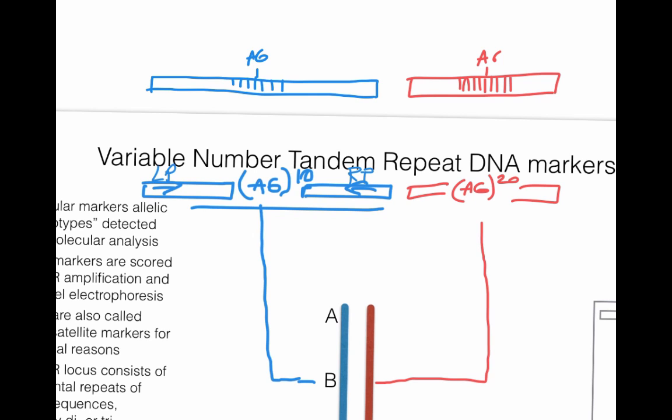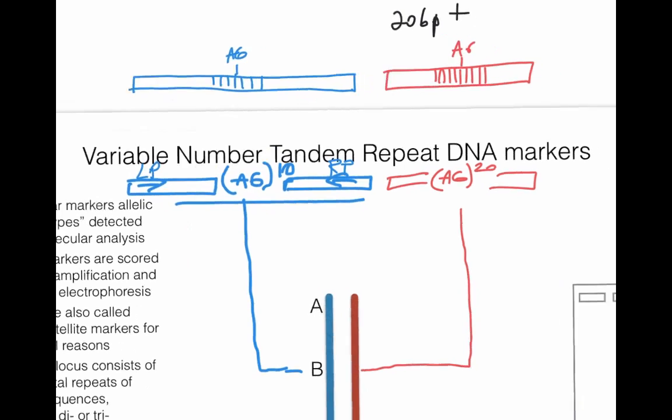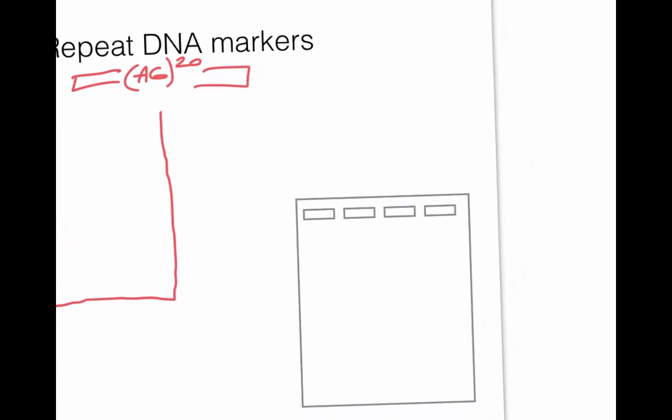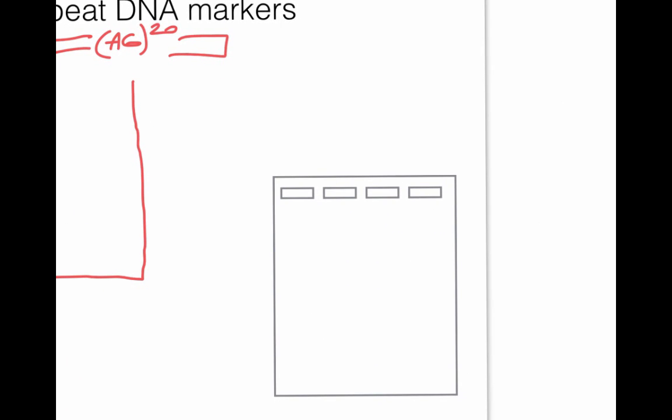Now, because this repeat is 20 bases larger due to the presence of 10 extra of these repeats, the overall fragment differs by 20 base pairs. So when I then take this system and load those PCR products, I would find that my blue band loaded here, my blue sample, my blue PCR, gives a signal, a band that moves as far as here.